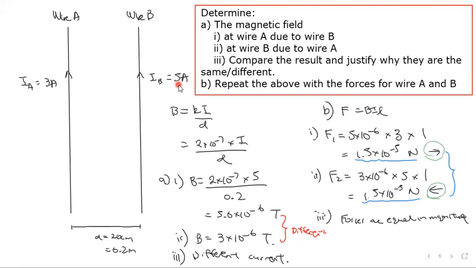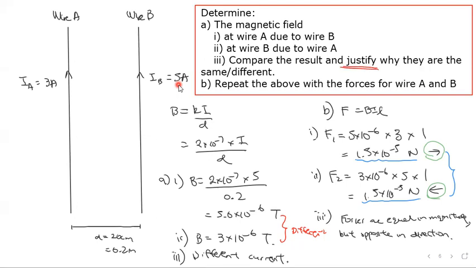And we'll note that the direction is different. You could have worked out the direction by using a right-hand palm rule, but basically they are opposite in direction. So they are equal in magnitude but opposite in direction, and we now need to actually justify this.